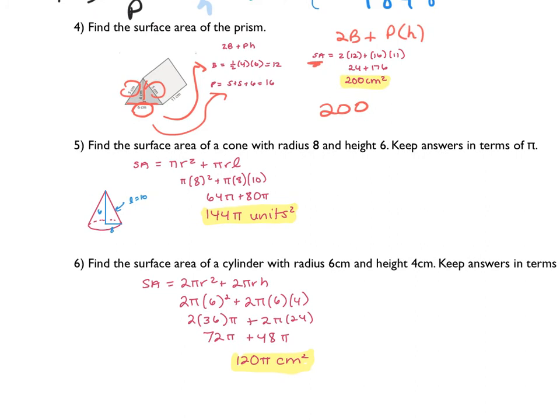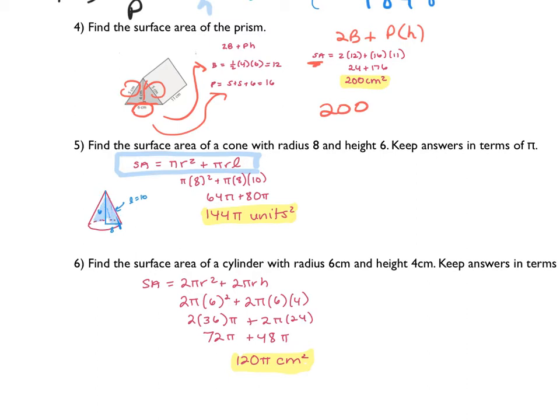Surface area of a cone. So right here is our formula. The base area is pi r squared. It's a circle. And then the lateral area is pi r L, or pi times radius times slant height.